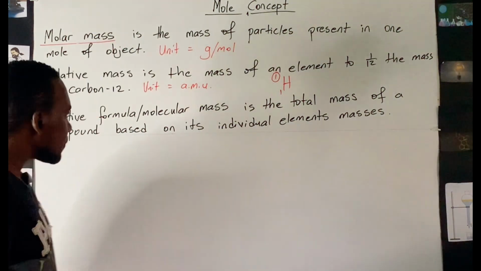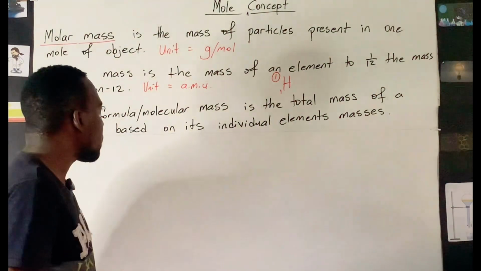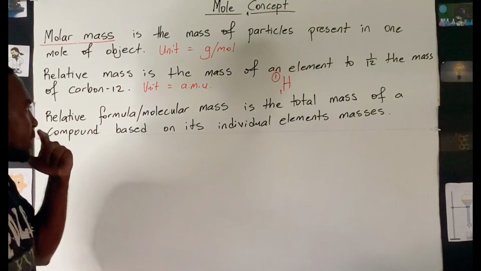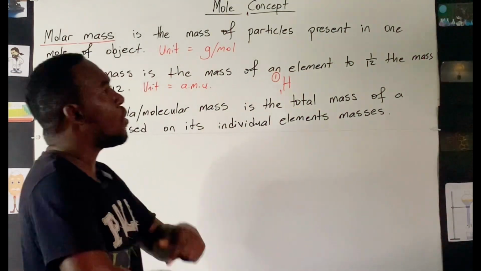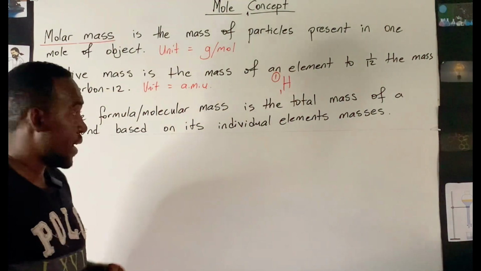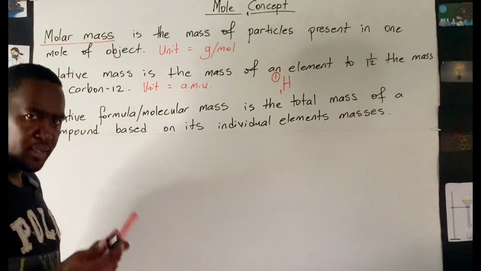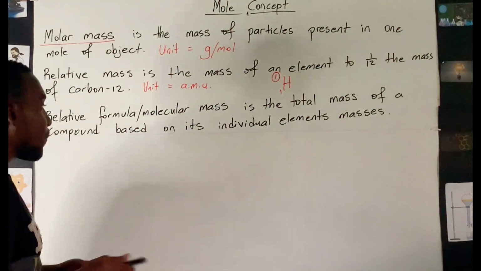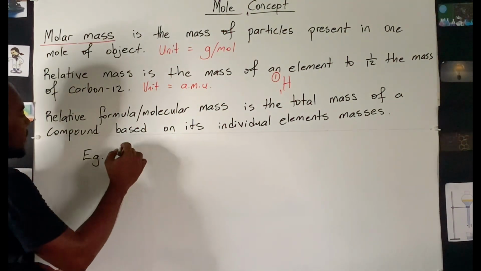Right? Then finally, relative formula or molecular mass. And this relative molecular mass or formula mass is the total mass of all the elements that are present in a compound. Alright, and this is where we're going to look a little bit more today. So let's use the basic one of water.